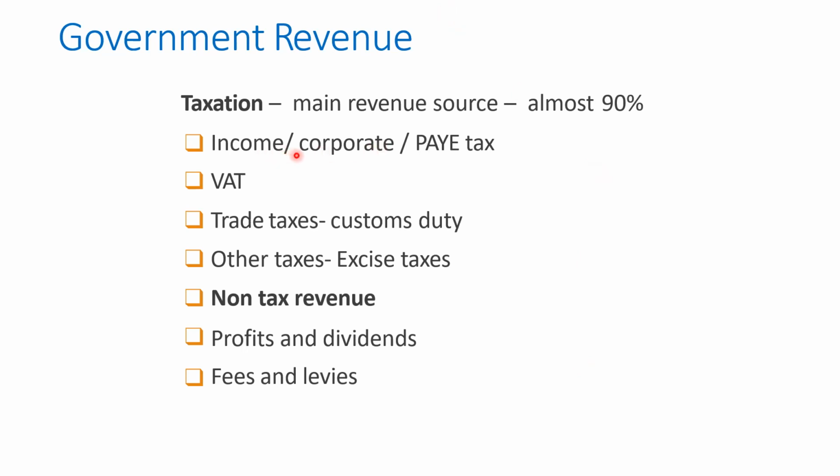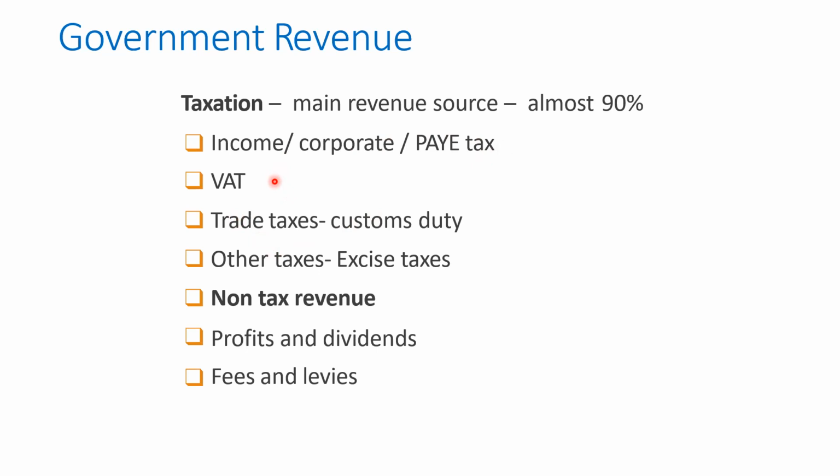Now, income tax for individual persons, corporate tax for corporations, pay tax for the people who earn, then VAT. Now they have introduced the social security levy, then trade taxes, customs duty, other taxes, excise taxes, and non-tax revenues, which means they are increasing revenue through license fees, maybe passport fees, those kinds of things.